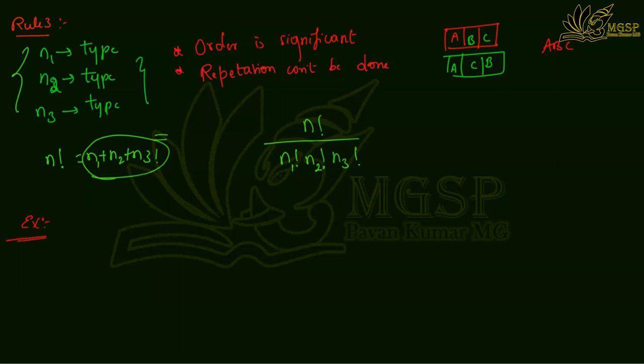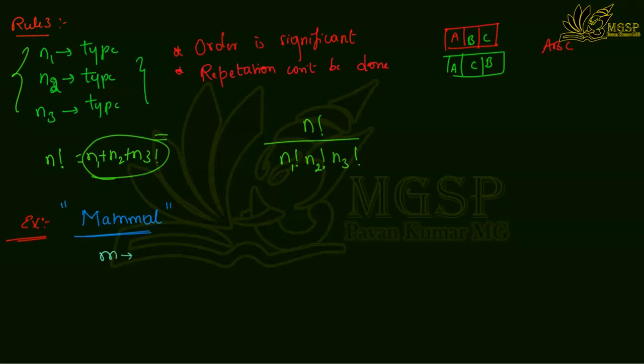Now I'll consider one example so you can understand better. Consider one word, MAMMAL. In how many ways can this be arranged? Before solving this kind of problem, note that the letter M appears three times.